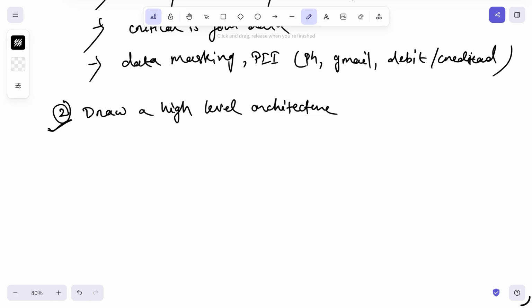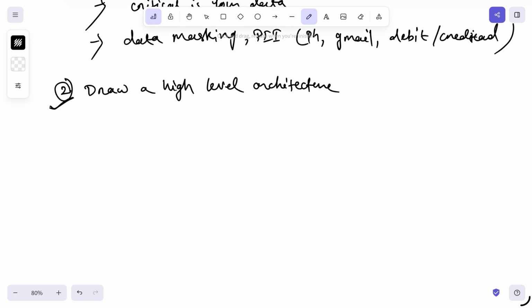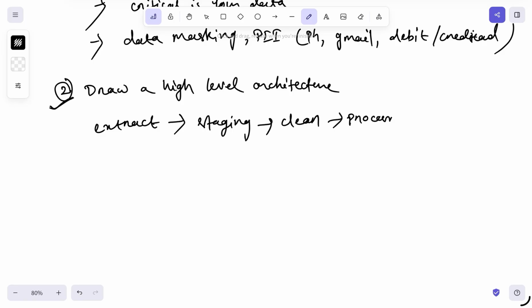Something like, we have to extract the data, store the data into a staging layer, and then clean and process the data, and then load the final data set.